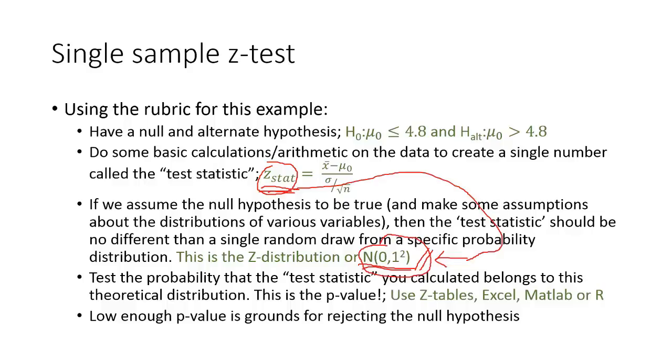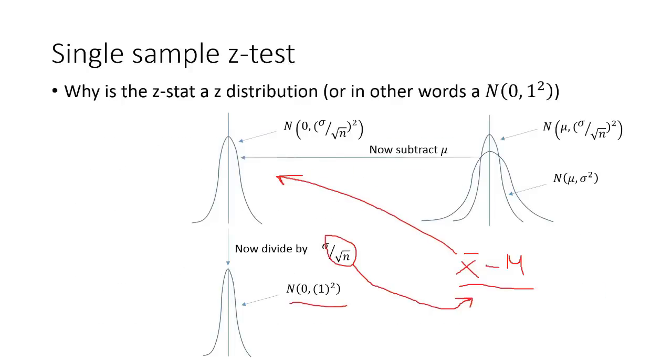That's too high. The standard deviation is 1, the mean is 0. It's almost impossible that you would pull a number like 55, or minus 20 for that matter. So if it turns out that the z-stat is too extreme a value to be coming from this normal distribution, then we can maybe make a statement about the null hypothesis. So that's what we're going to do as a next step. Okay, let me just clean this up.